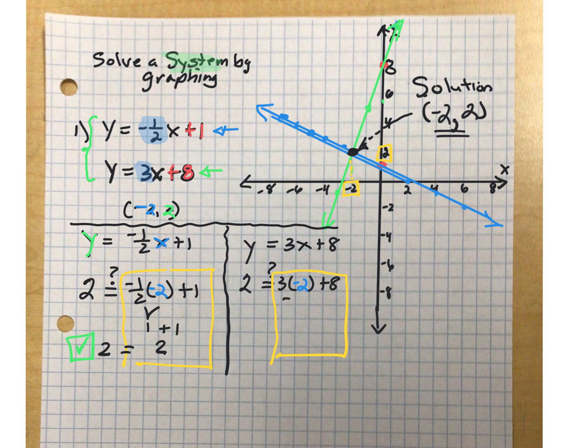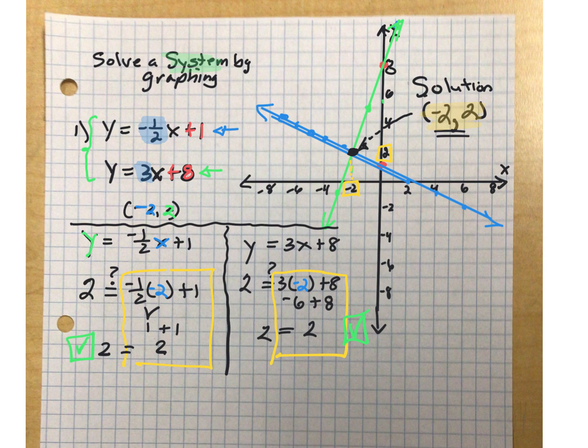So 3 times -2 is -6, and -6 plus 8 is 2. Sure enough, it made both equations true. So that's how we know that we have the right answer. Again, our answer is -2, 2, because that's where the two cars crashed. That's the point of intersection. So that is the solution.